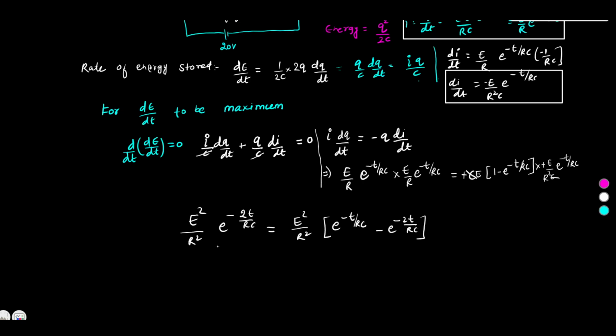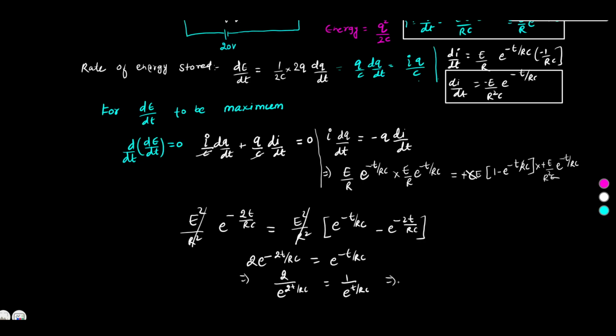Now this comes to this side, we can also cancel these terms together, so I get 2 e raised to the power minus 2t by RC equals e raised to the power minus t by RC. Solving further, 2 by e raised to the power 2t by RC equals 1 by e raised to the power t by RC.